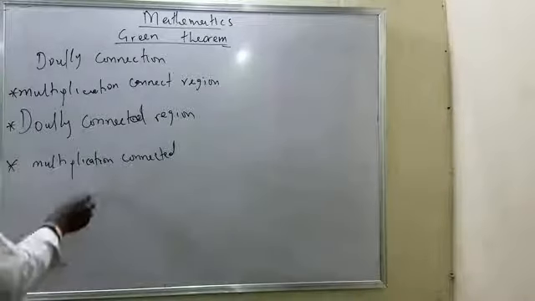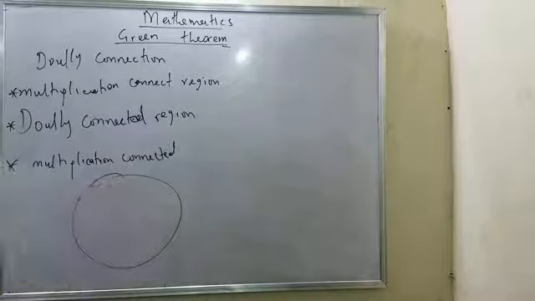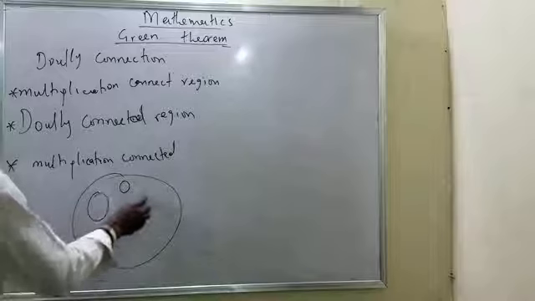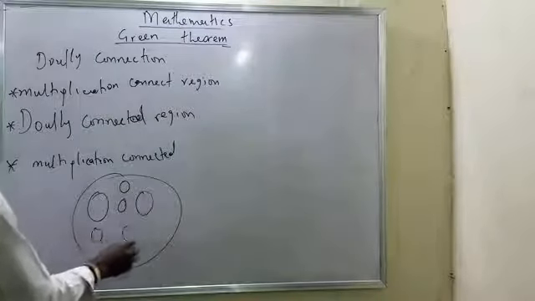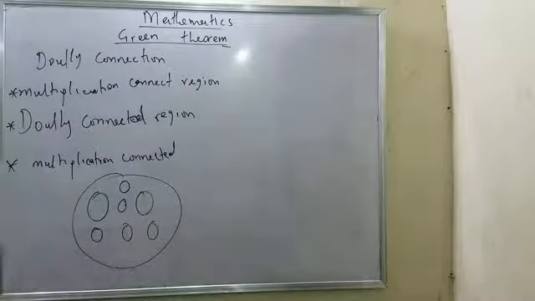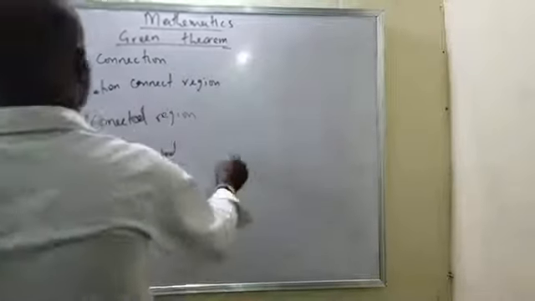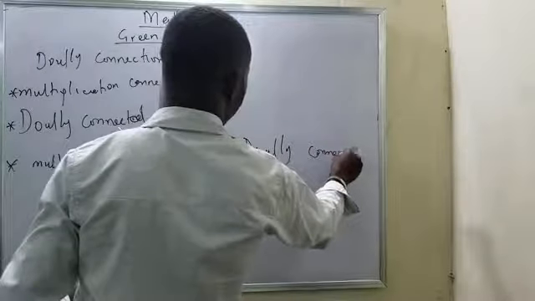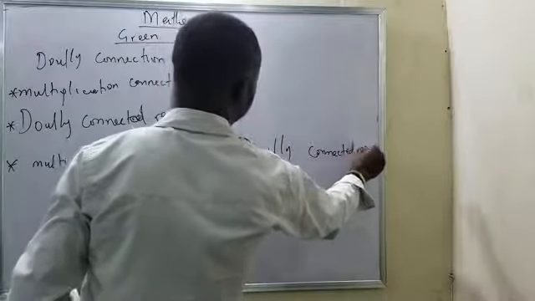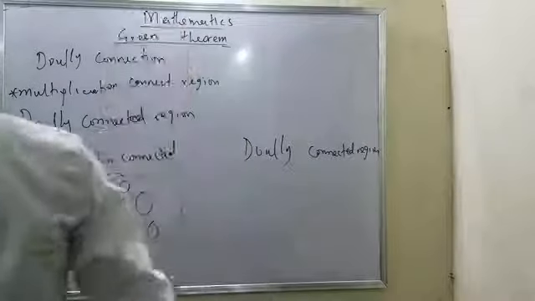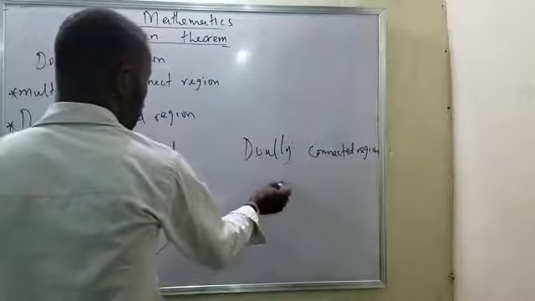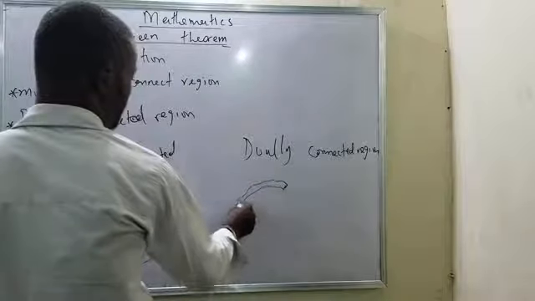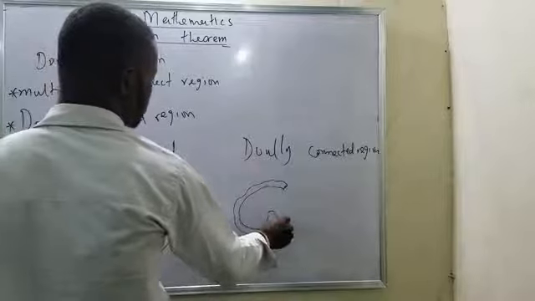We are talking about something like this, a multiply connected region. We have something like this, bounded with a boundary. But the second one, the simply connected region, I won't talk much on it. You may have a contour that is closed, like this.